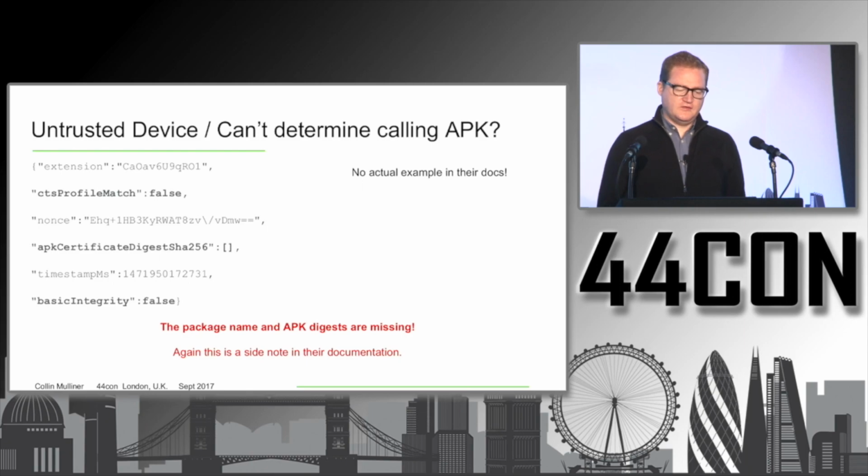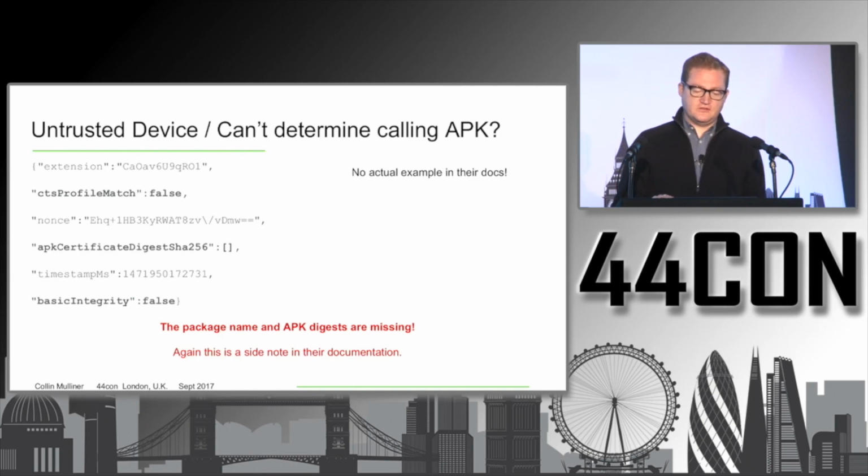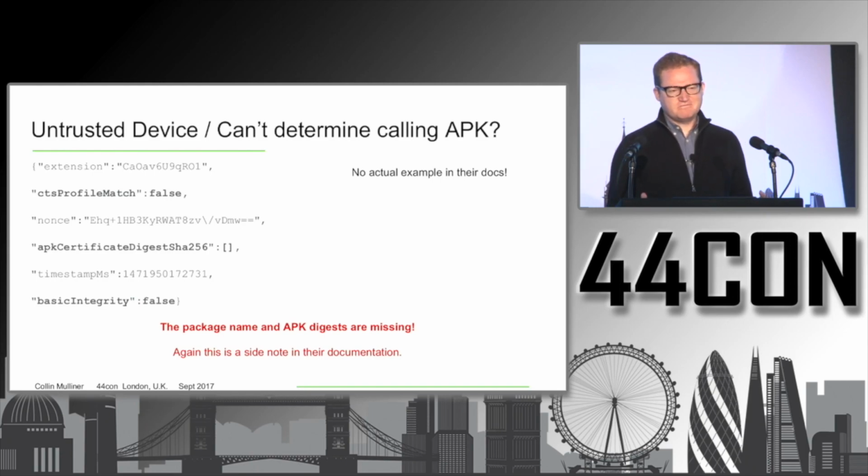There's another nice and halfway undocumented state, and that is when the documentation says we can't determine which APK called us. That's why we're returning this. And that's one of the core functionalities. If you send an RPC on Android and you don't know which other package called you, that's, I don't know.